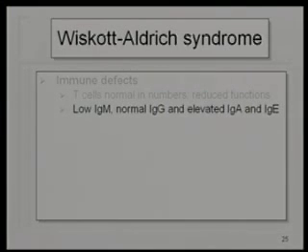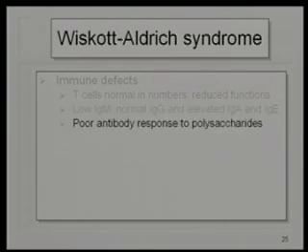How that defect is explained, I have no idea. So, they have lower IgM levels, but normal IgG, and IgA and IgE are elevated. Consequence of IgE elevation is the atopic symptoms, allergy symptoms, of course. And that is what does happen in these cases.